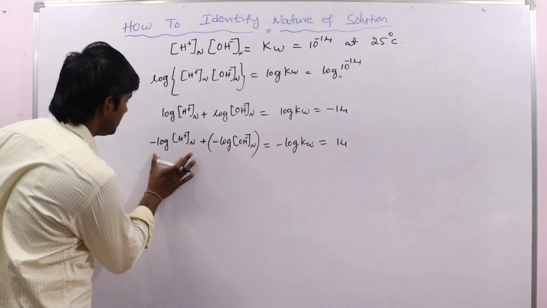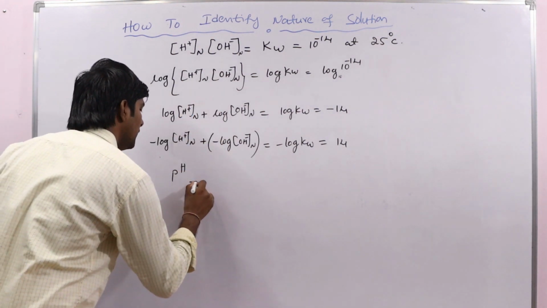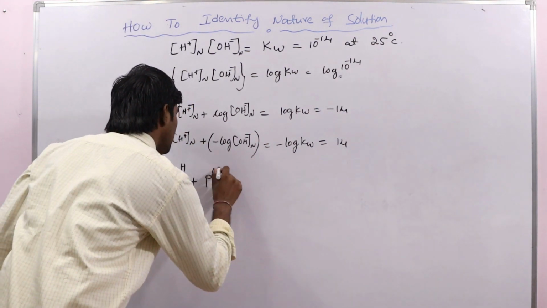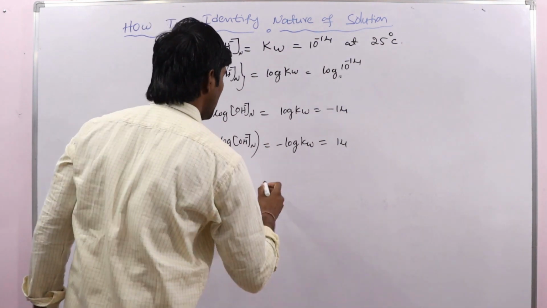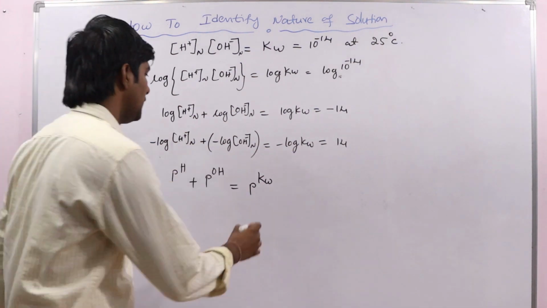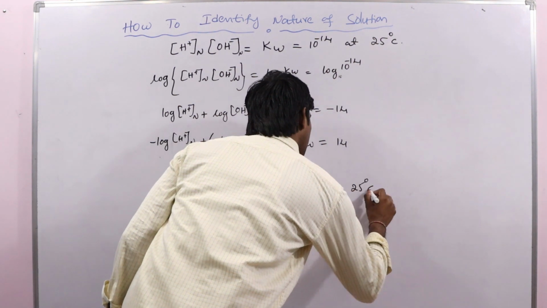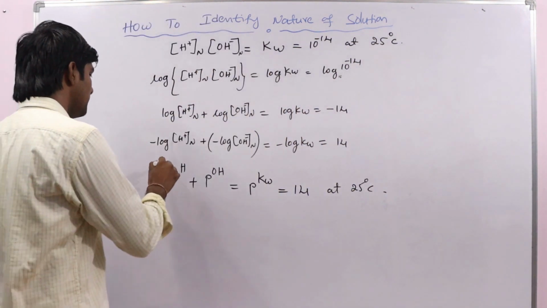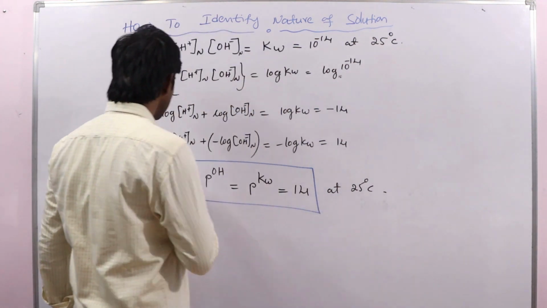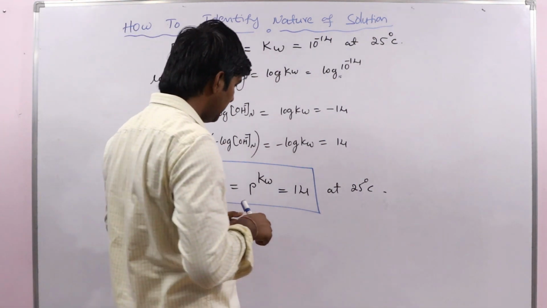Now look at this: minus log H plus is nothing but pH, plus minus log OH minus is nothing but pOH, that is equal to minus log Kw, which means pKw, that is equal to 14 at 25 degrees centigrade. This is also a very important relation: pH plus pOH is equal to pKw, that is equal to 14 at 25 degrees centigrade.